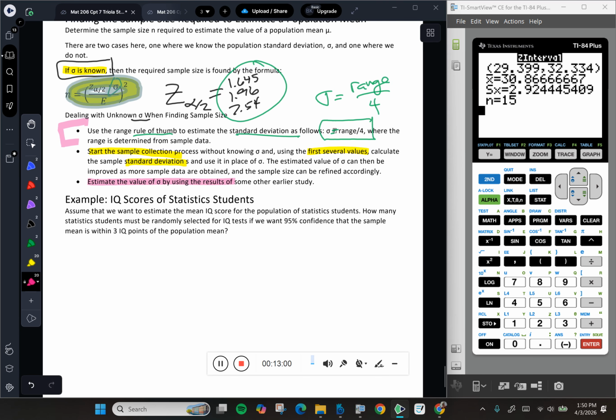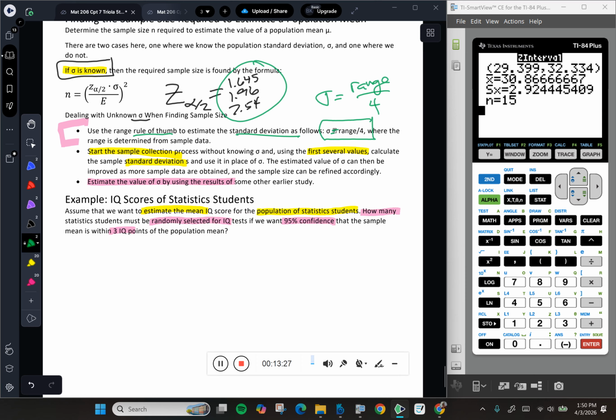Assume that we want to estimate the mean IQ score for a population of statistics students. So we want to estimate a mean for a population of stat students. How many students must be randomly selected if we want 95% confidence that our sample mean is within 3 points?